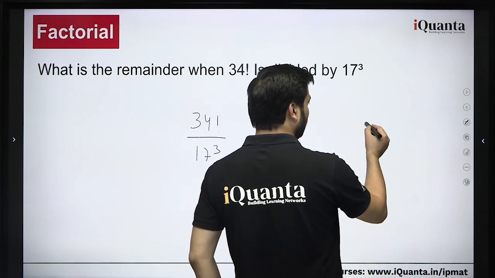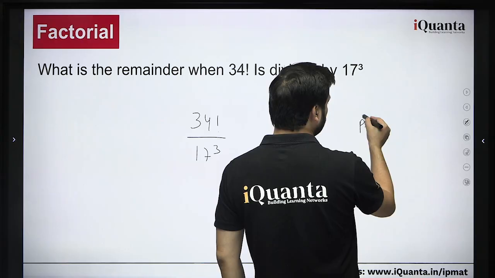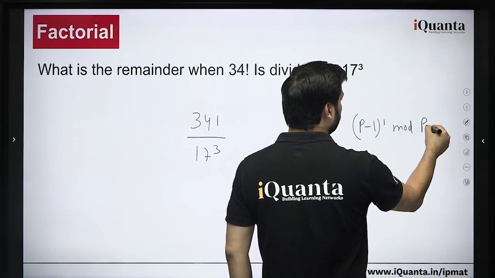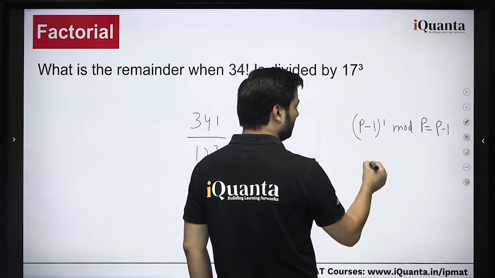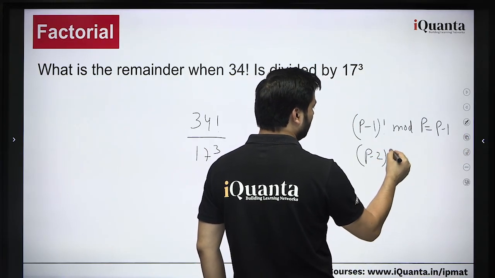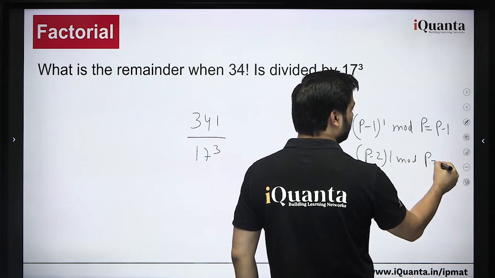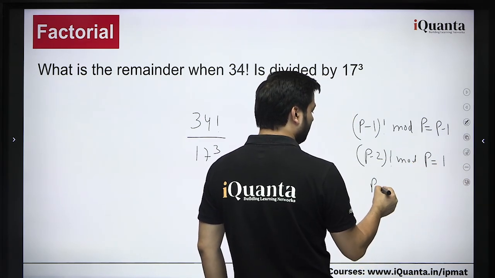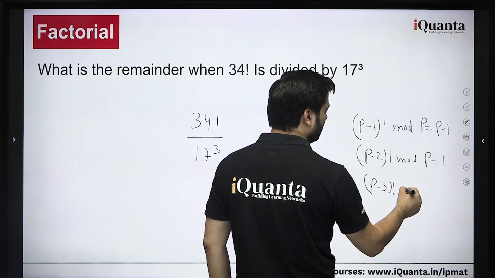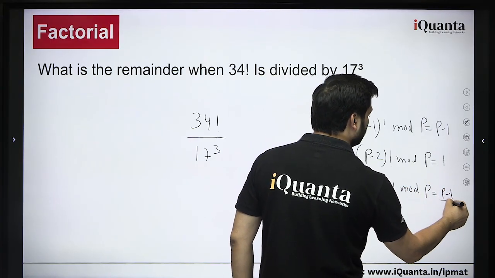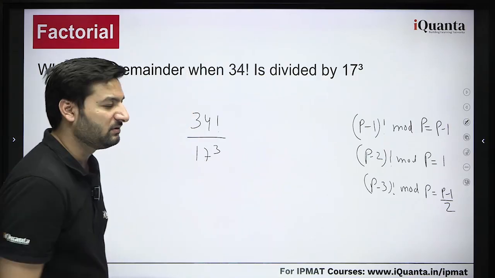If P is a prime, then P minus 1 factorial mod P, divided by P, gives P minus 1, and P minus 2 factorial divided by P gives you remainder 1. You know the meaning of mod, right? It's remainder. And P minus 3 factorial, if you divide it by P, you get remainder P minus 1 by 2, where P is a prime number, okay.